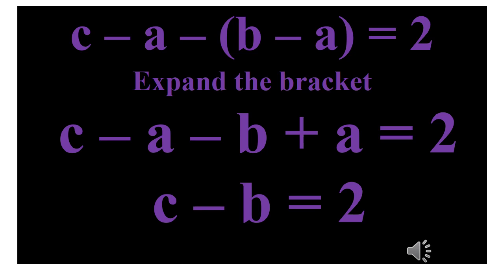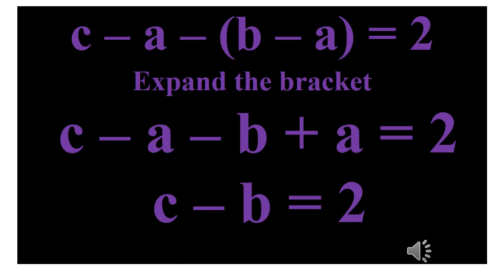From our previous solving, we have 2 raised to power c minus a minus open bracket b minus a close bracket equals 2 raised to power 2. So if we open that small bracket, and according to the law of indices, the bases are equal, so we cancel them out. So we equate the power, that is c minus a minus open bracket b minus a close bracket equals 2.